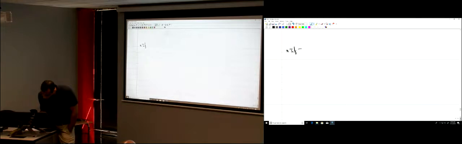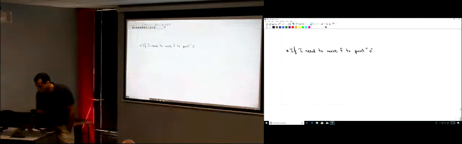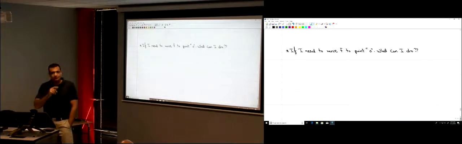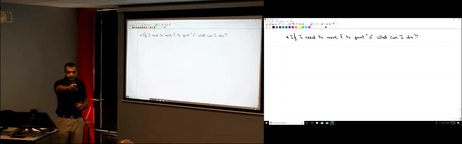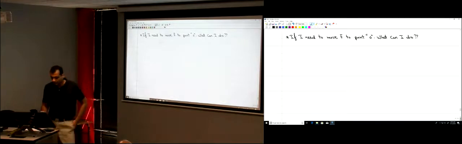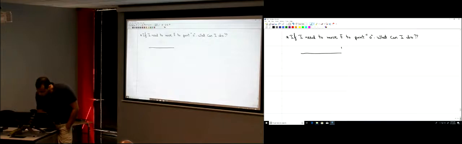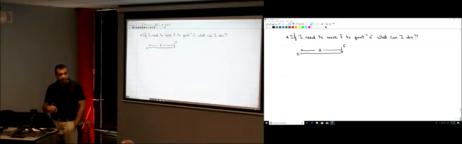If I need to move F to point O, what can I do? You take the moment from point A, the first, right? Yeah, but we're going to do it in a more systematic way, to reach the point that you just reached. So we have F here at a distance D from point O, okay?